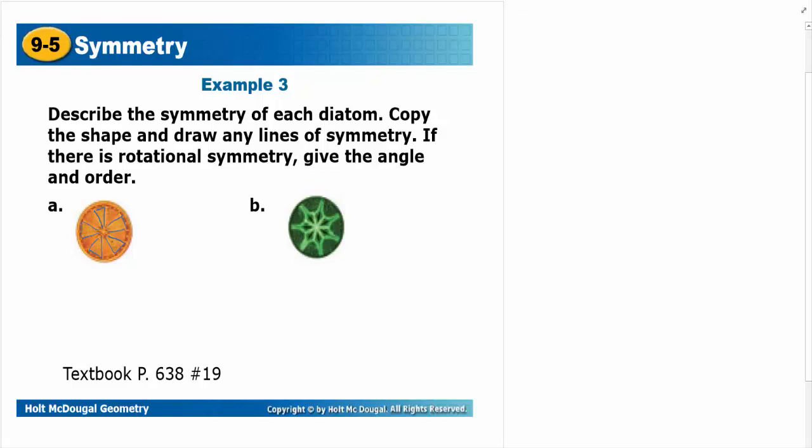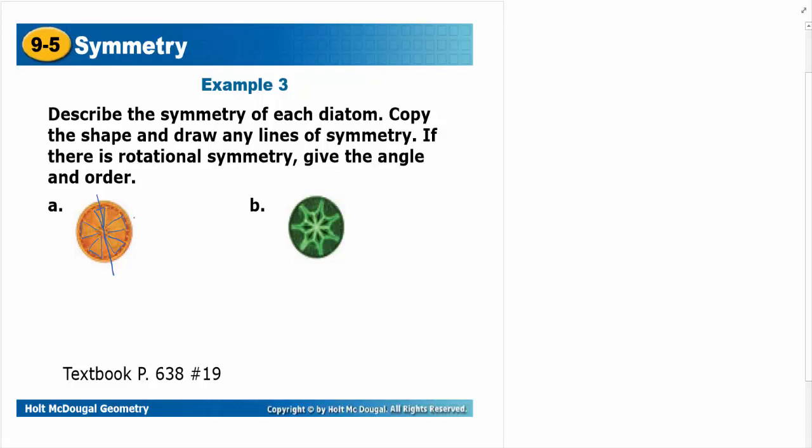Okay, so on this example, you want to try to see how many lines of symmetry it has. So I could do the rotational here in just a second, but if you try to do the line symmetry, I could probably reflect from that point. If I draw down the middle of those little triangles that form, you can kind of see how these two pieces would match, and those two halves would match.